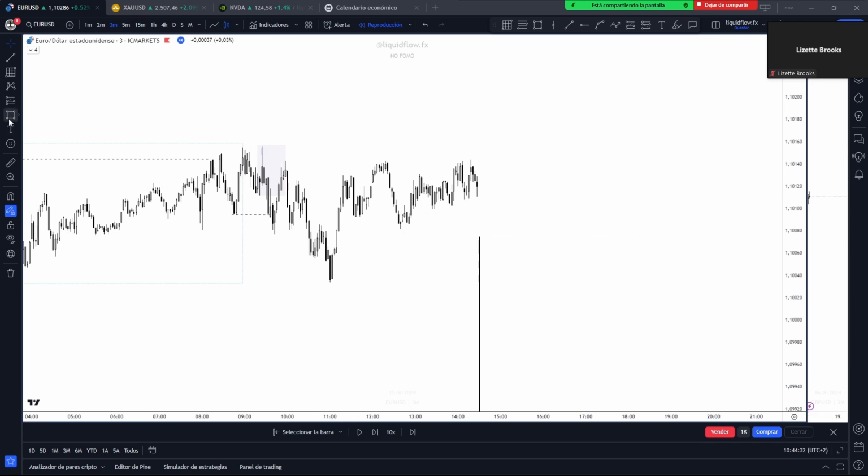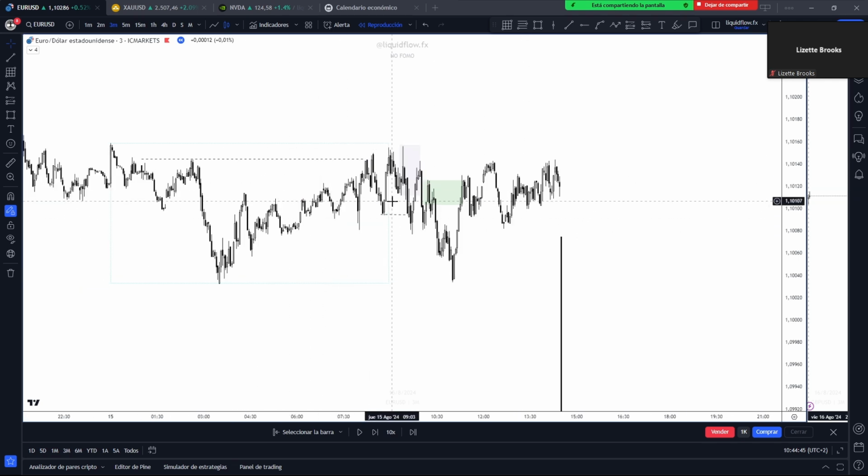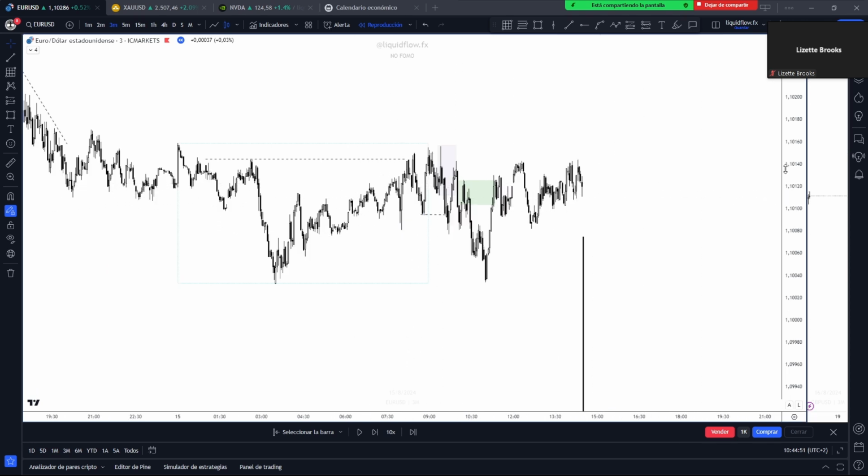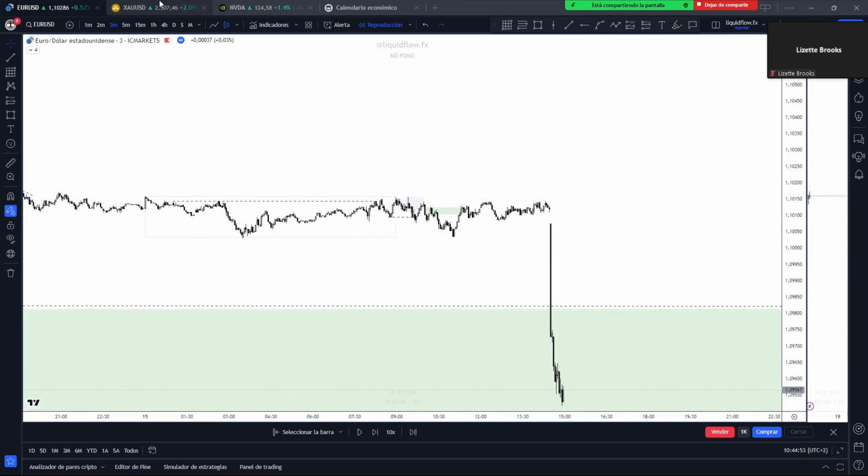And I have here this fair value gap. So around this it could be the entry, but it's very messy price action because it gets some liquidity, it engineers some liquidity. So also it's news for sure.